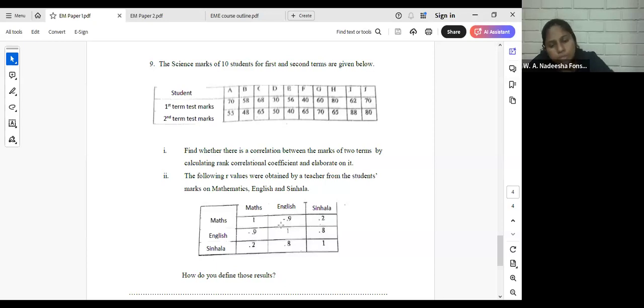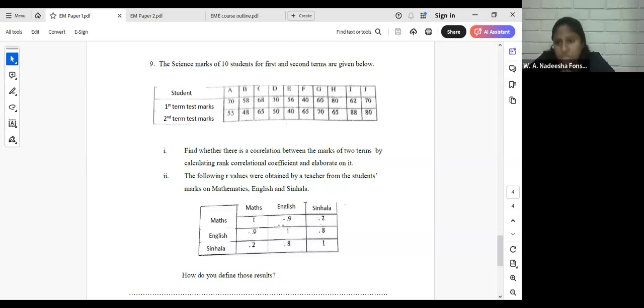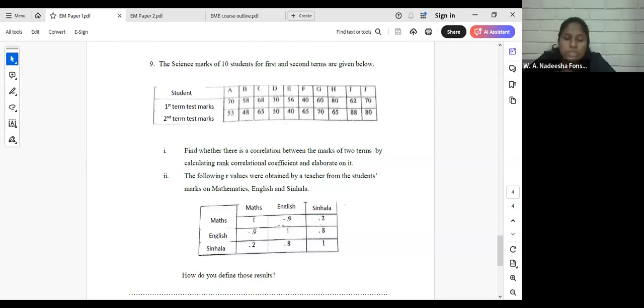What about 0.2? Low correlation. Not negative, but low correlation. It means if the maths marks change, we can't say that Sinhala marks also change with that. Then 0.8.